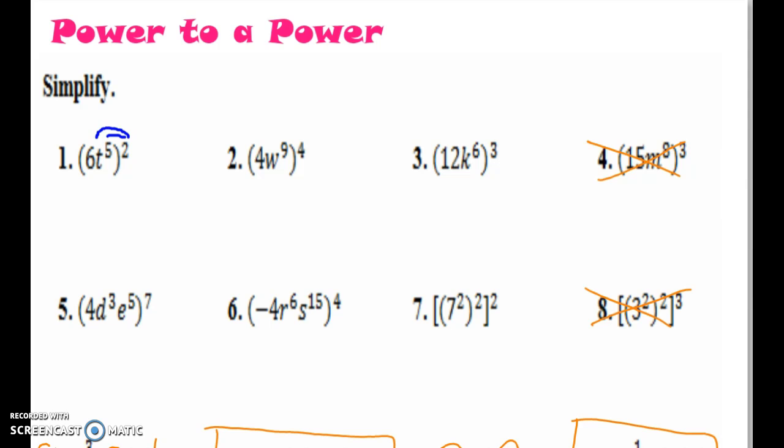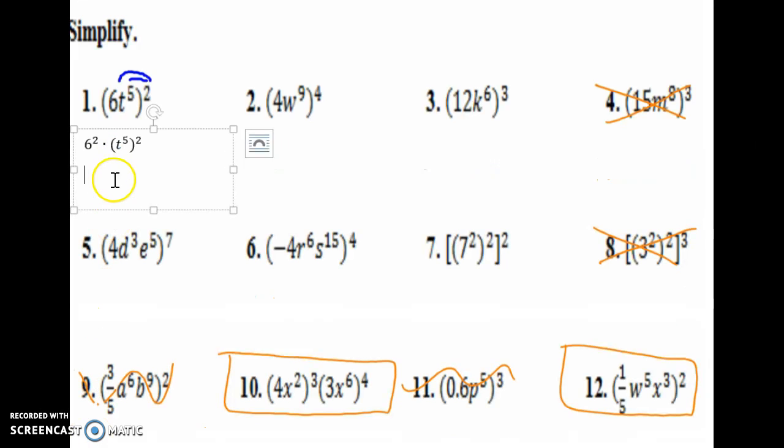So this is actually 6 to the second times t to the fifth to the second. You can either leave 6 to the second, but if it says simplify like it does here, you should try to get your numbers in standard form and then your letters will be in exponential form. But if it says leave it in exponential form, then you can leave it in exponential form.